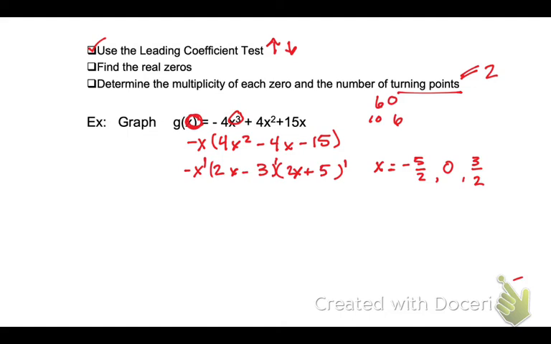So now we got to graph it. So negative 5 halves is negative 2.5, right? So 1, 2, 3, and 1 and 1.5. 1, 2.